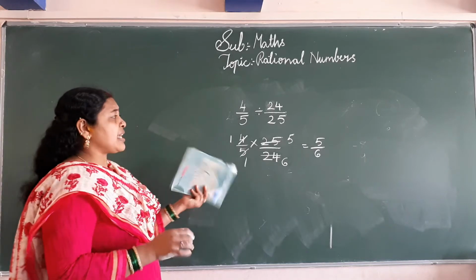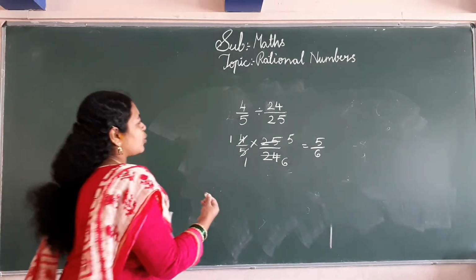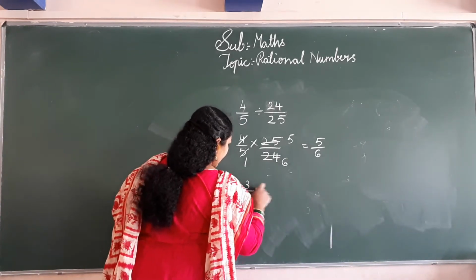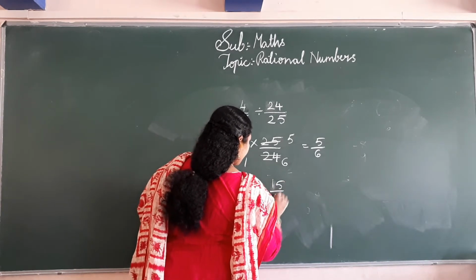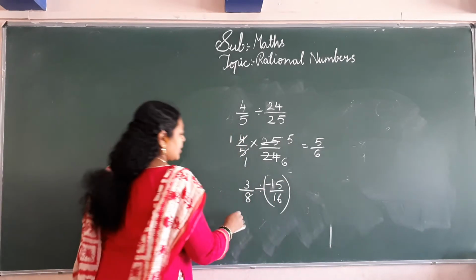It is the same in rational numbers too. Only when you get a negative symbol. 3 by 8 divided by 15 by minus 16... Okay.